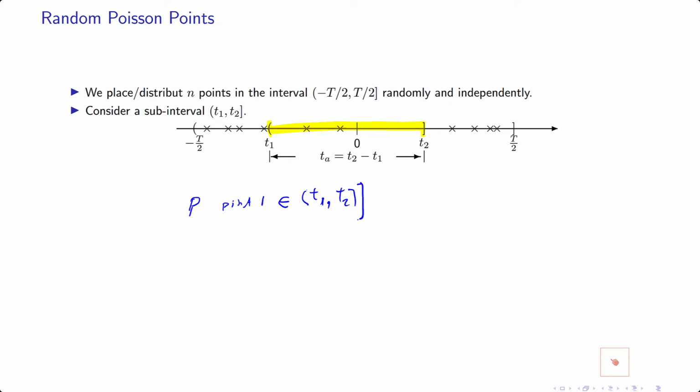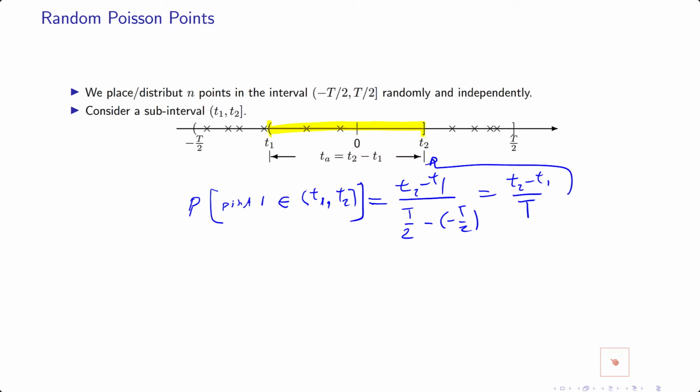Because all points are equally likely, this probability is equal to this length, t2 minus t1, divided by the total length, which is T over 2 minus minus T over 2, equal to T. So it is (t2 minus t1) divided by T. This is the probability that one specific point falls here.